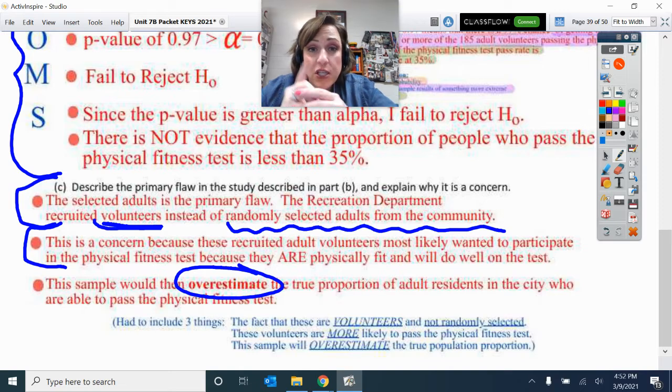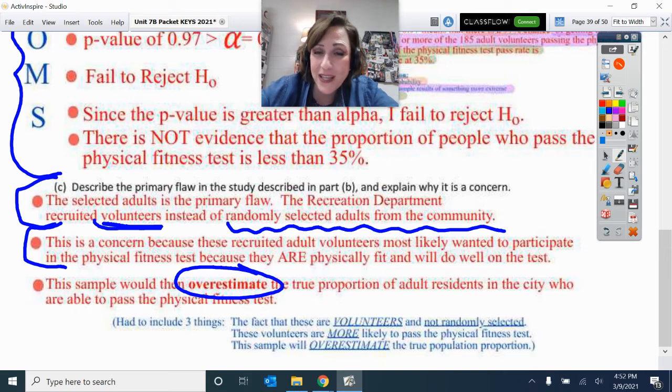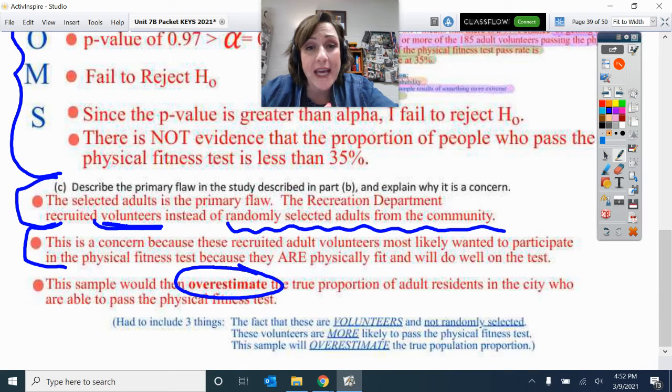It was volunteers, not randomly selected, and say why that's a problem. These volunteers are not representative of all the adults because they like physical fitness. And then the direction, how it compares to what it probably should have been if you had a correct random selection of people.